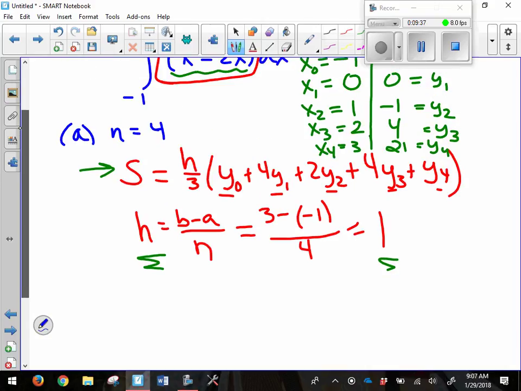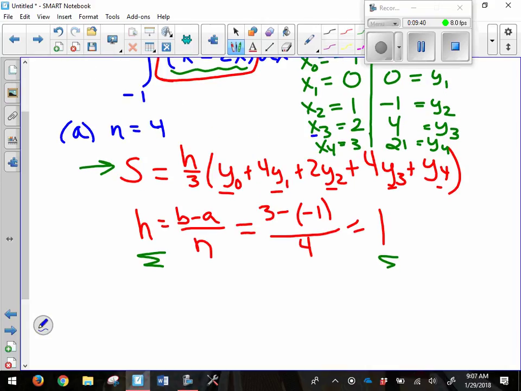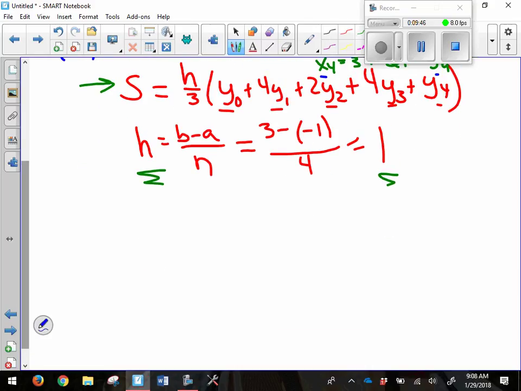Which is why I like to write it as x3, x4, y3, y4, to make sure that we've got all the right values. Okay, so when I come down here, my s, I know that h is going to be 1, so that's going to be 1/3.